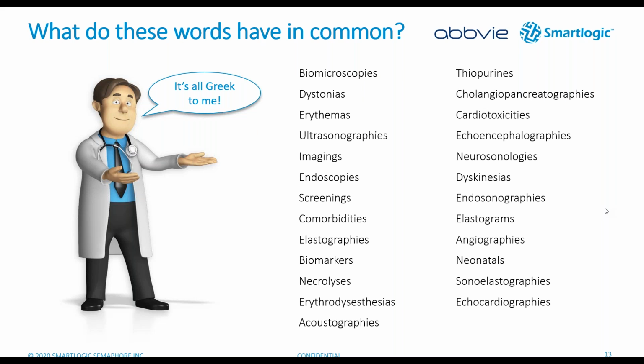And so you have all of these echoes and neurals and kinesias and grams and graphies and neos and all that stuff, and bio. And so when you have these morphologically complex, very specific biomedical terms, it's not so surprising, biomarkers and echo encephalographies and things like that.